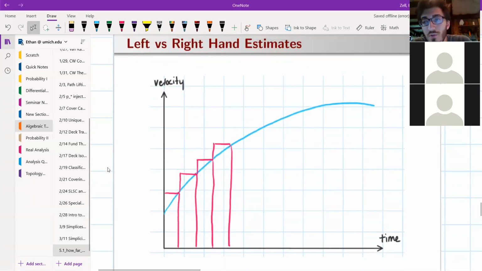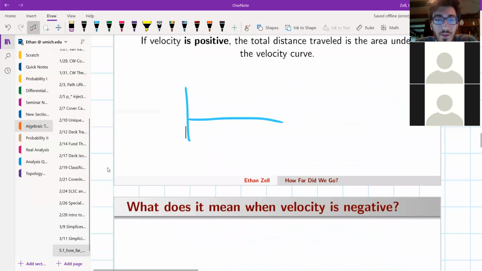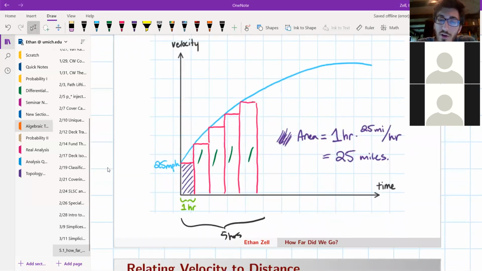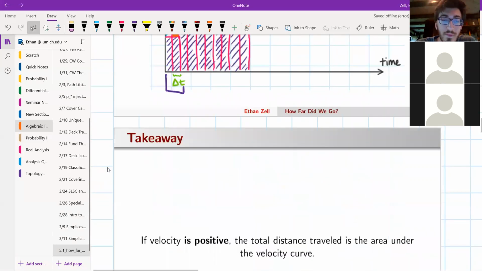So you might ask the question, well, we made a very subtle assumption in the first slide, and I'll go back just to show you. We said, what if we measure our velocity at the start of our time interval and then we assume that for the rest of the time interval it's constant? Well, we could have just as easily said, what if we measure our velocity at the end of the time interval and assume that it was the same for the previous hour, right?